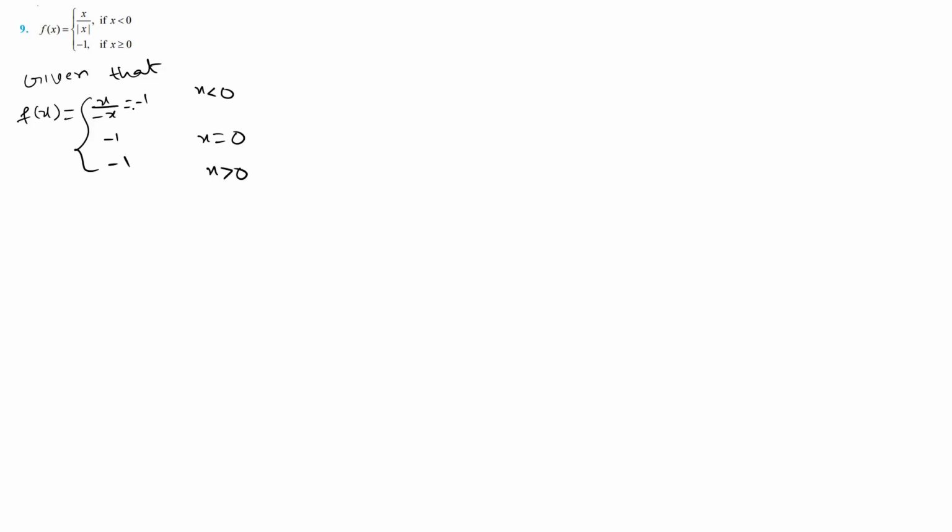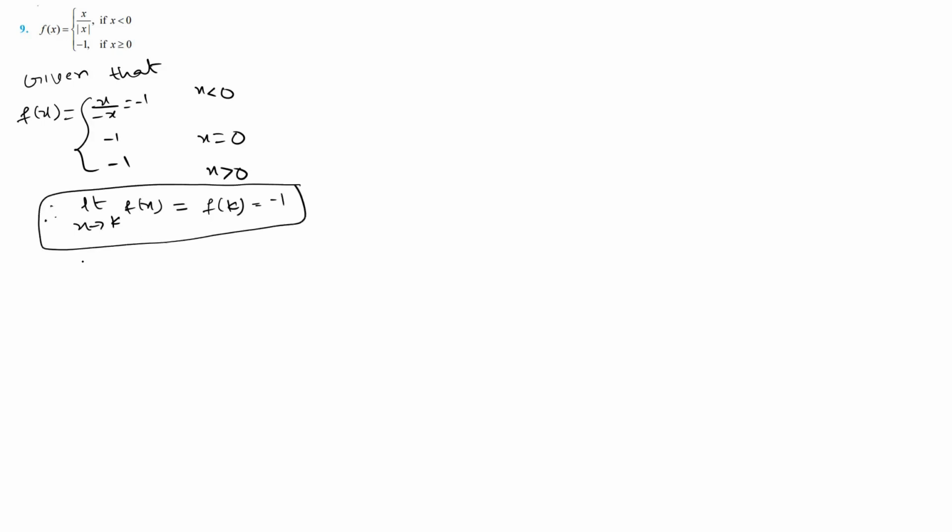So if x is less than 0, minus 1, equal to 0 also minus 1, greater than 0 also minus 1 only we are getting here. So in all the cases we are getting minus 1 only, so directly we can write: therefore, limit x tends to k, f of x is equal to f of k is equal to minus 1, where k is some real number.